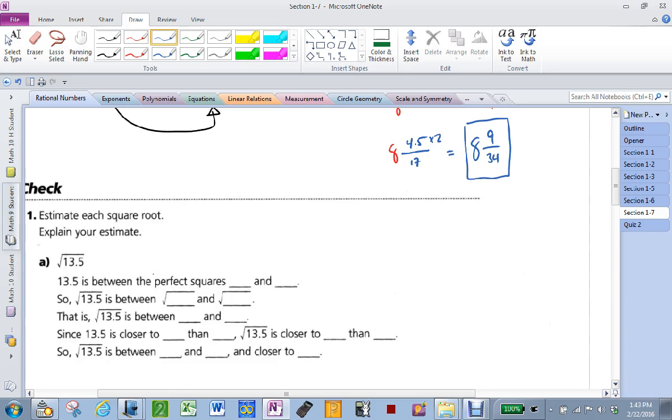I want you to give me a good estimate for the square root of 13.5 without touching your calculator. You can do it over here in the white space any way you want, or you can follow the blanks. I don't care. Your choice. Go.